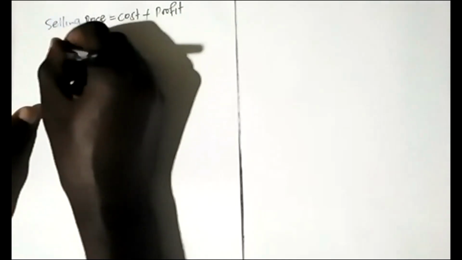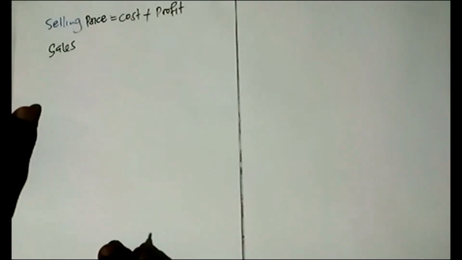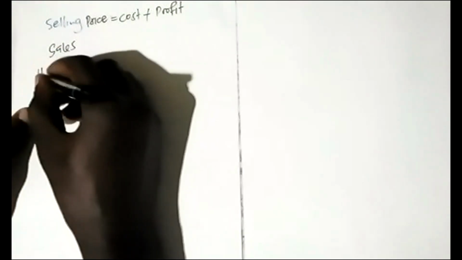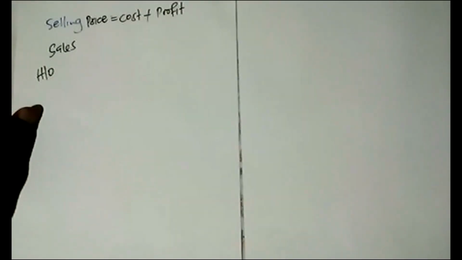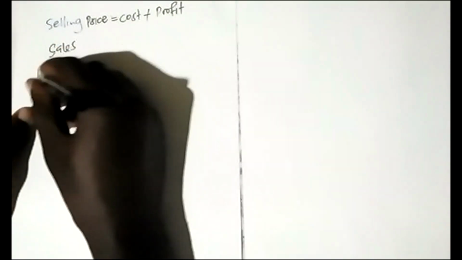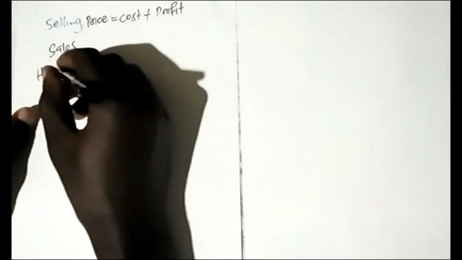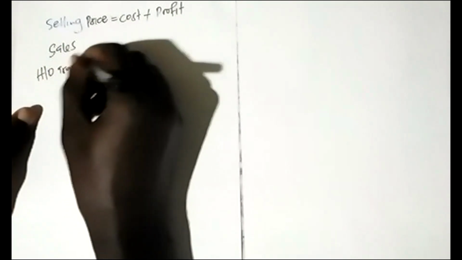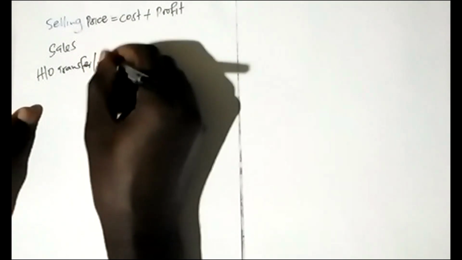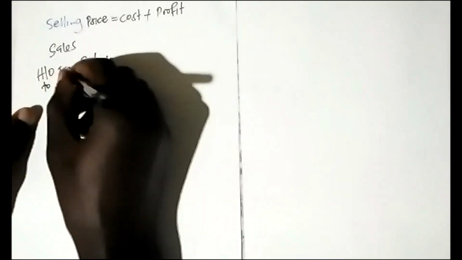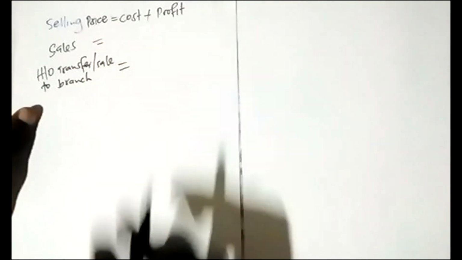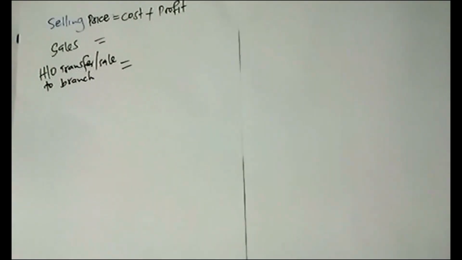So the way they were making sales, and the way in which the head office, when I say HO, I mean head office, transfers, or we call it sells to branch. When they say 12% and 6%, we need to check which affects sales, which affects the way the head office was selling goods to branch.